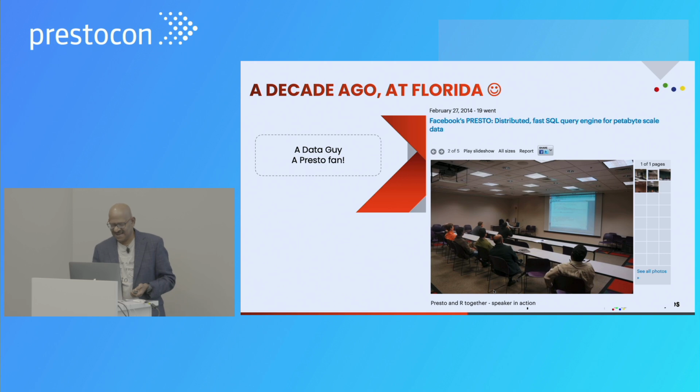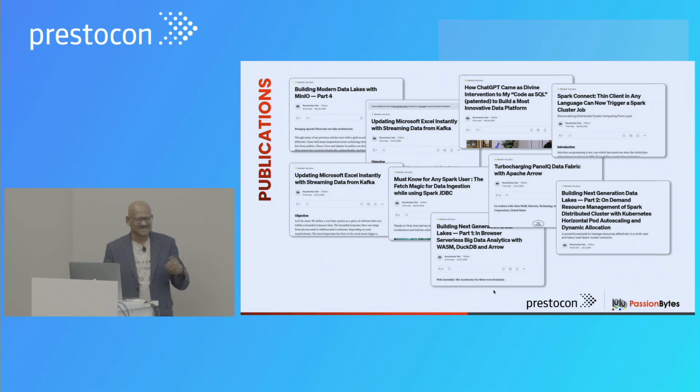So excited. Of course, I'm a Presto fan, a die-hard Presto fan. It has given me bread and butter for the last 10 years, lot of implementations across the globe. And it has helped me to write a lot of articles related with building data lakes. And recently I started aggregating my solution along with Min.io, which is an open source but AGPL licensed object store, which is cloud agnostic.